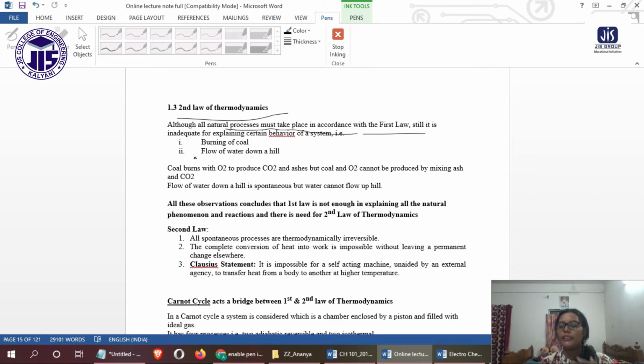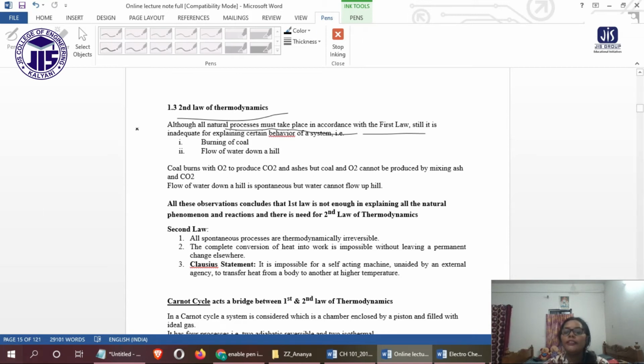Coal burns with oxygen and produces carbon dioxide and ashes, but coal and oxygen cannot be produced by mixing ash and carbon dioxide. Again, flow of water down the hill is spontaneous, but water cannot flow uphill. So these are some of the cases where the first law of thermodynamics cannot explain.